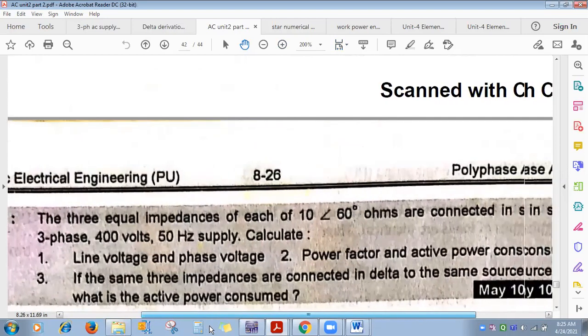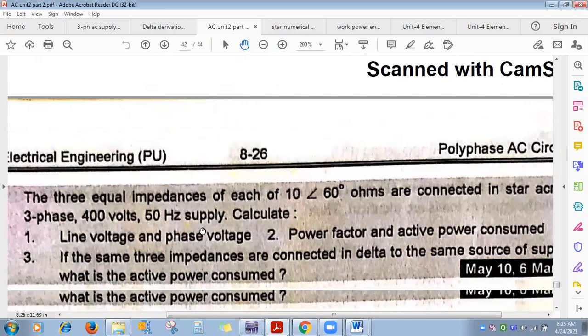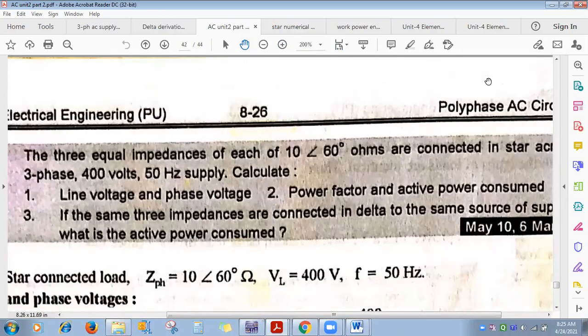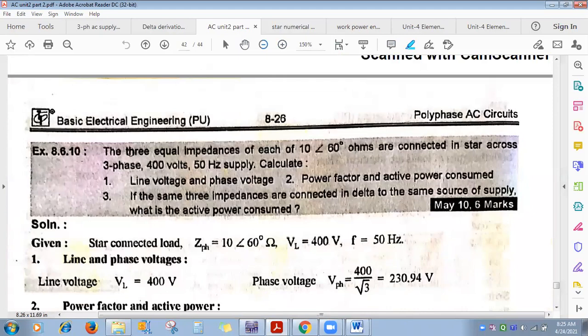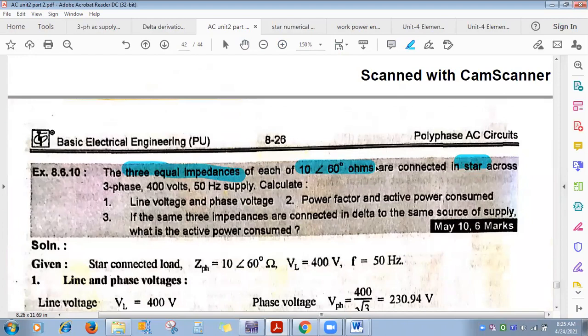This is also a different type. See, what is given? 3 equal impedances. Means load is balanced. Impedance is given 10 at an angle of 60 degree, connected in star connection. Star connection means IL is equal to IPH and VL by root 3 is VPH. Okay.